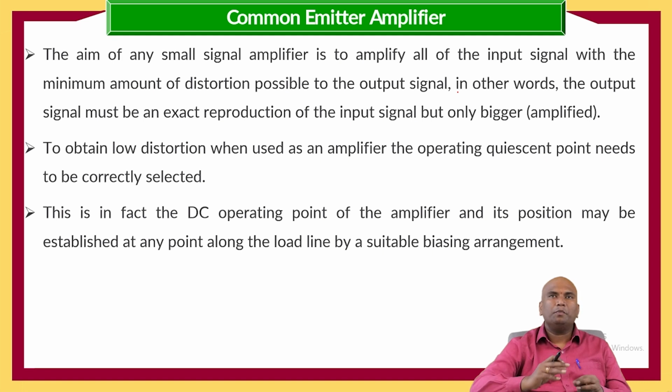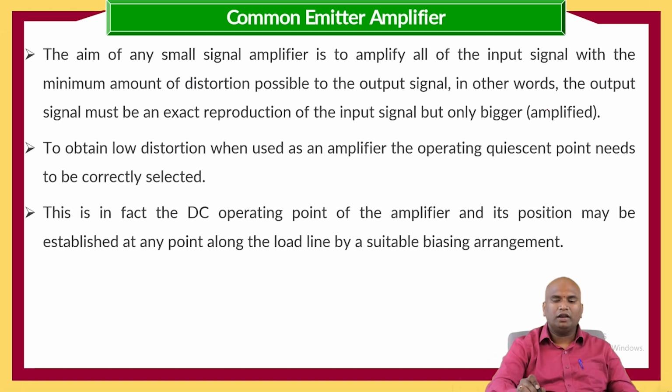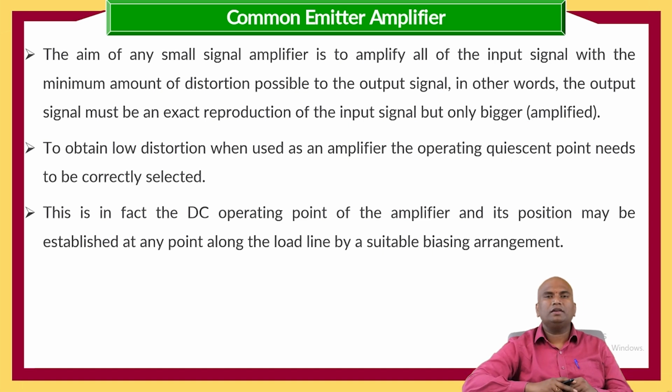That is our main aim in the small signal amplifier's operation. In other words, the output signal must be an exact reproduction of the input signal, but only of bigger value. So the output will be an exact reproduction of the input, but the amplitude of the output voltage or current is going to be increased.